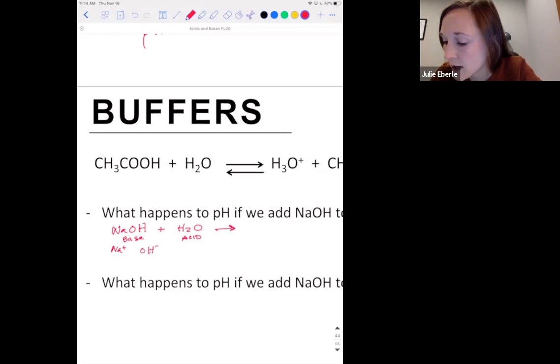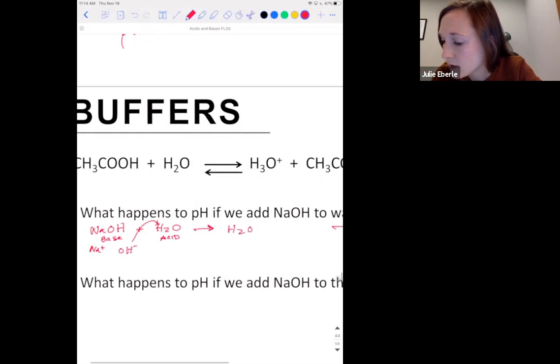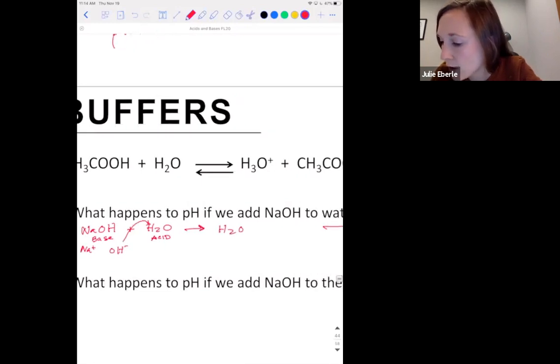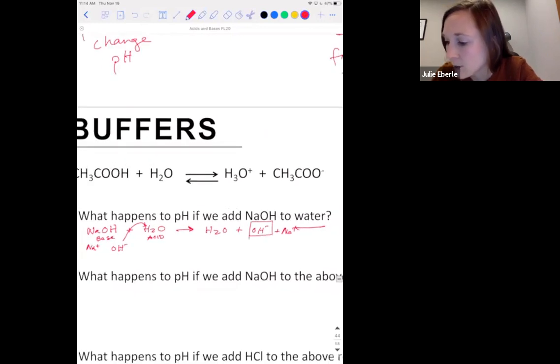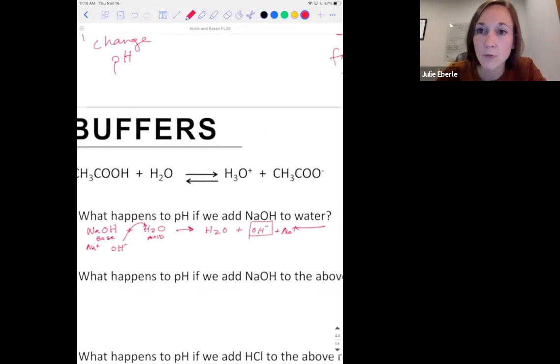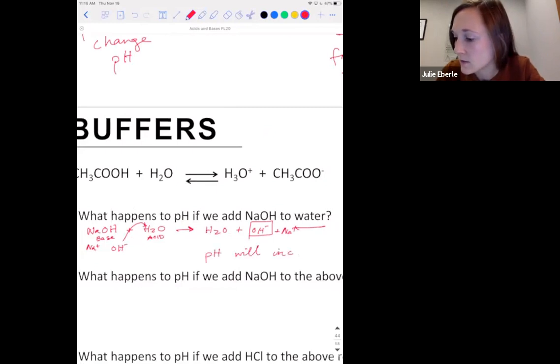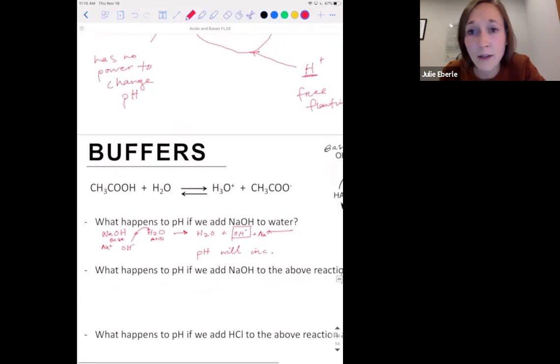This is going to dissociate, and that OH minus is going to grab a hydrogen from the acid and we'll make more water. But when we take a hydrogen off water, we're going to end up with more OH minus. It feels very redundant. And then we'll still have that sodium ion floating around. And the presence of that OH minus in solution will increase pH. Okay, so pH will increase. There's nothing there to neutralize it.